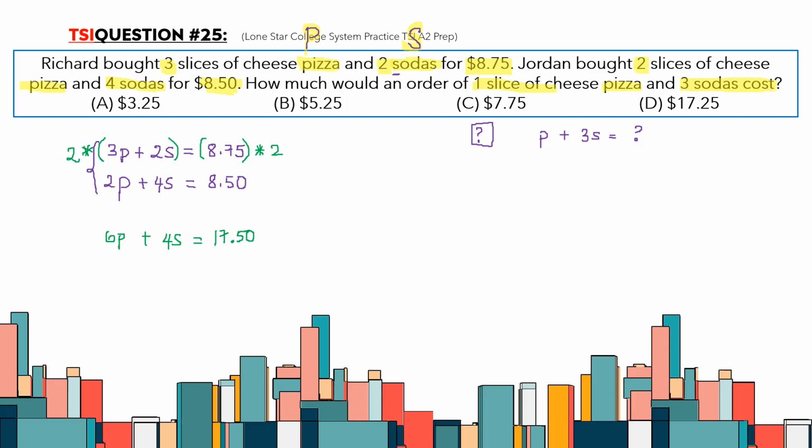Okay, now I copy down the second equation: 2P plus 4S equal 8.50.